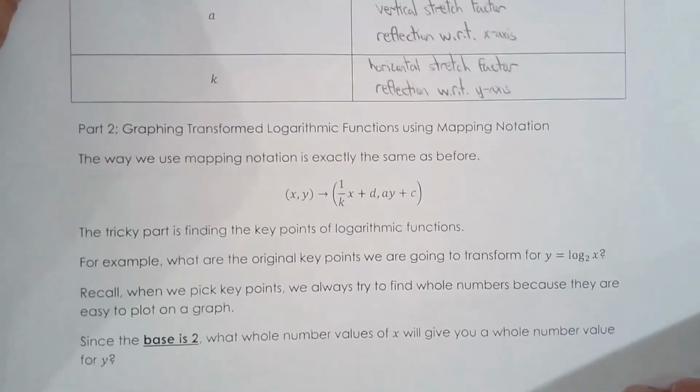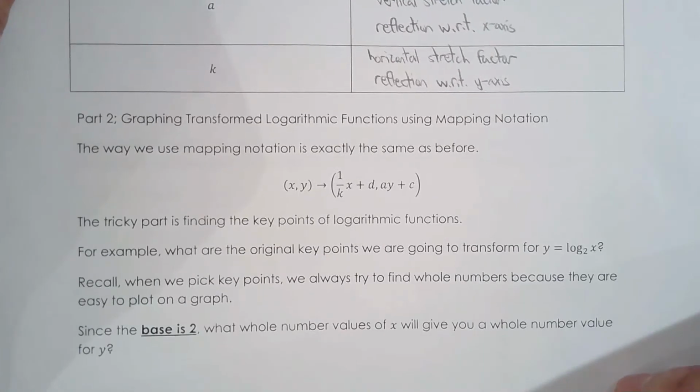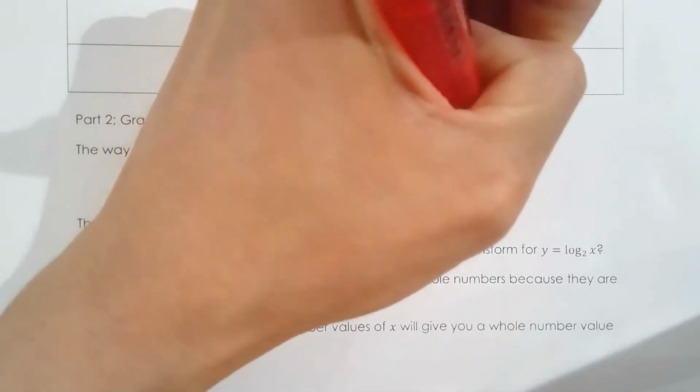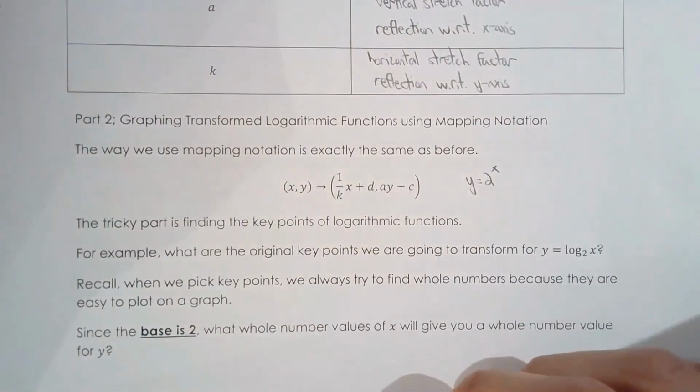So, the one thing that is a little different about transforming logarithmic functions is that it really depends on the base of the logarithmic function. And that is analogous to what you learned last year when you transformed exponential functions. So for example, last year you should have transformed y equals 2 to the x.